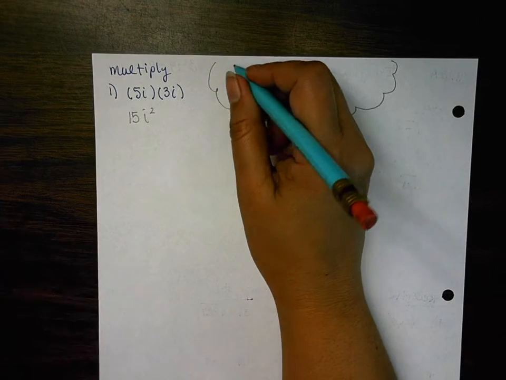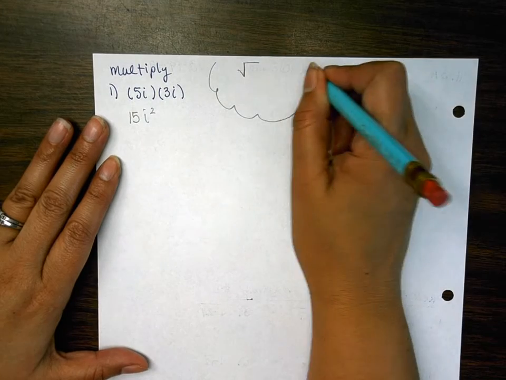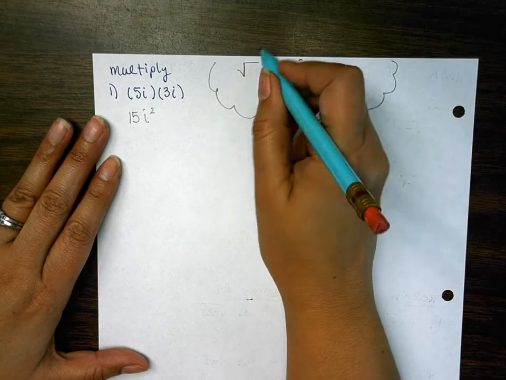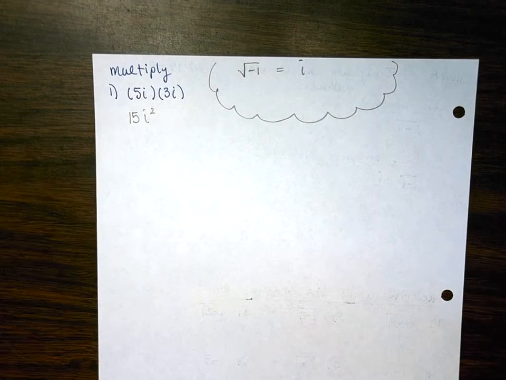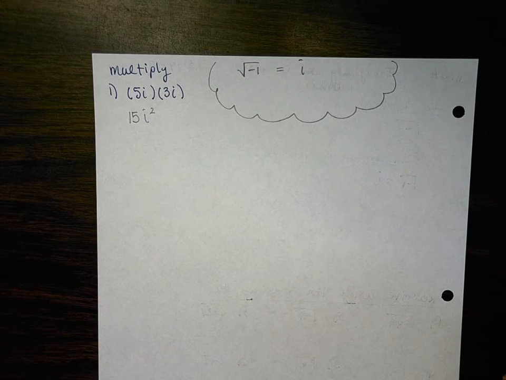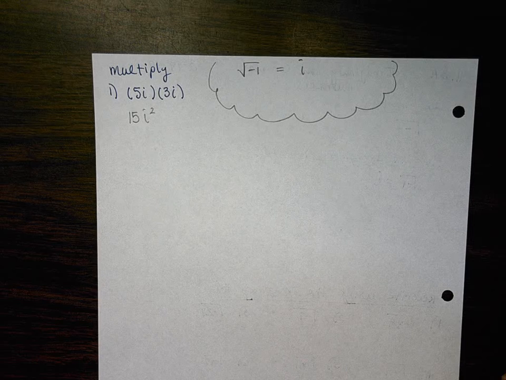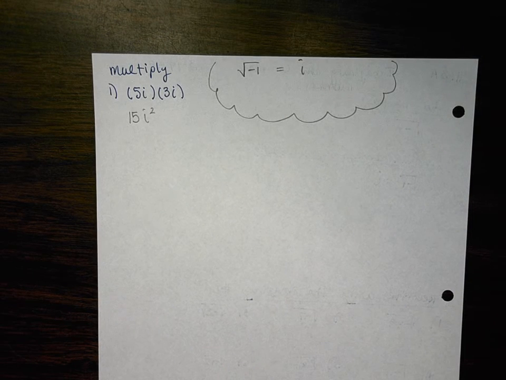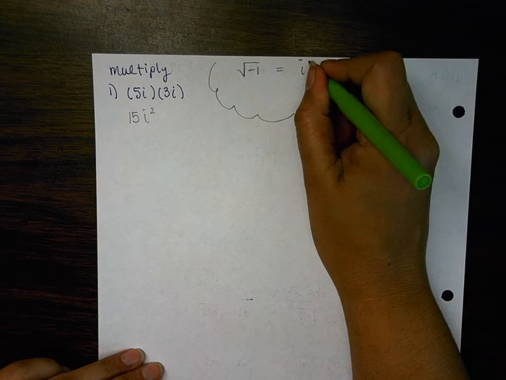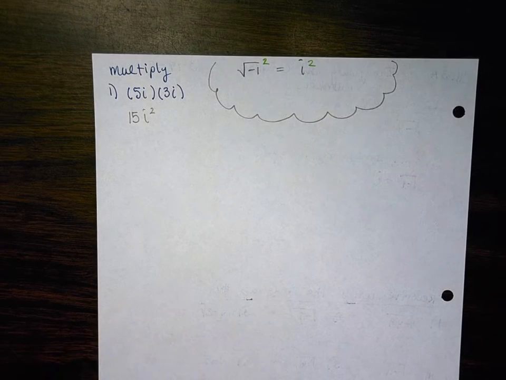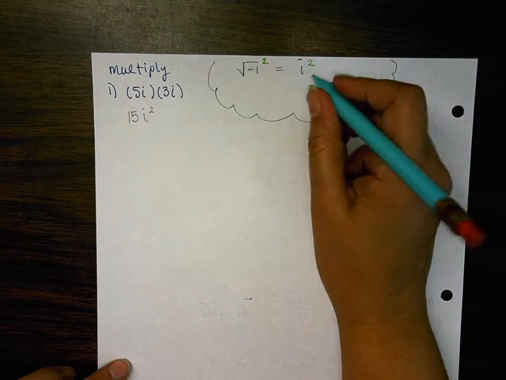Okay, I'm going to write down the definition again that we had on the other page, or the meaning of i. What did i equal? The square root of -1. Does everyone agree with that? Yes or no? Okay. And we're trying to figure out what i squared is. So what would happen if I squared both sides?